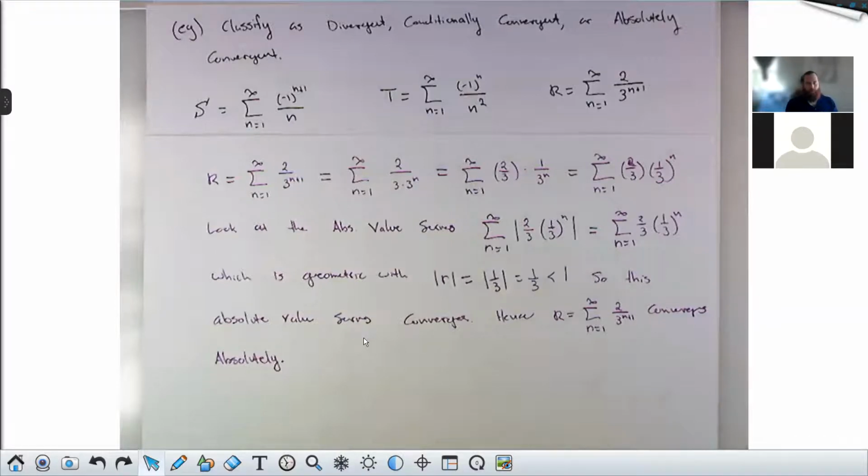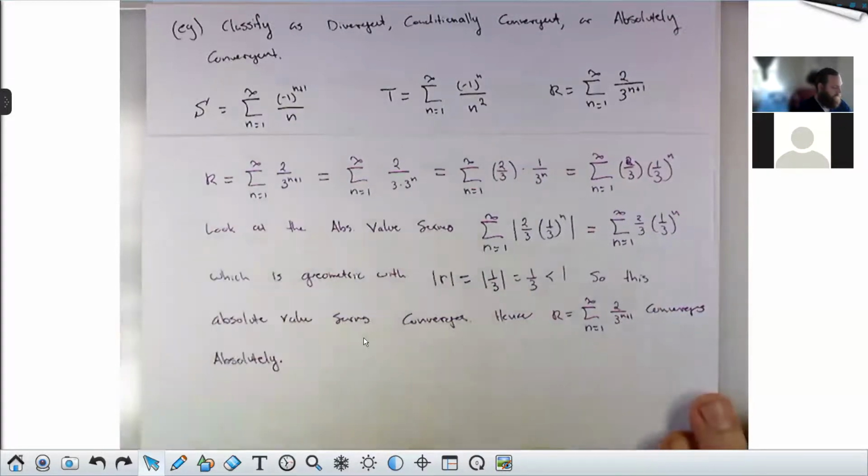Okay. Do we feel comfortable with the concept of absolute convergence? Fairly straightforward, right? So take absolute values inside your series. If that thing is convergent, then the original series is absolutely convergent.